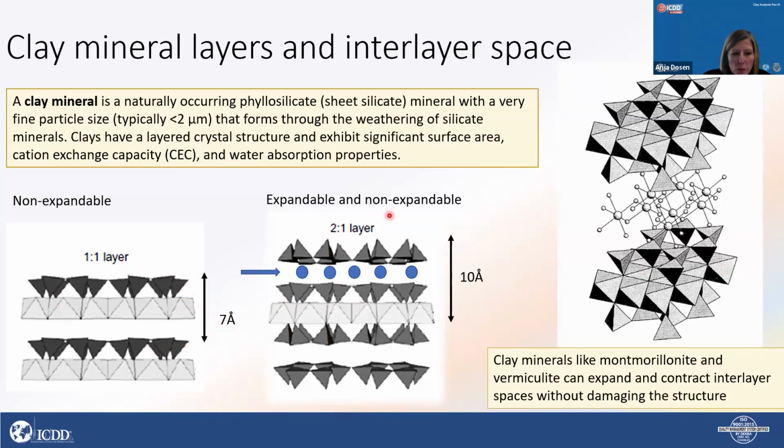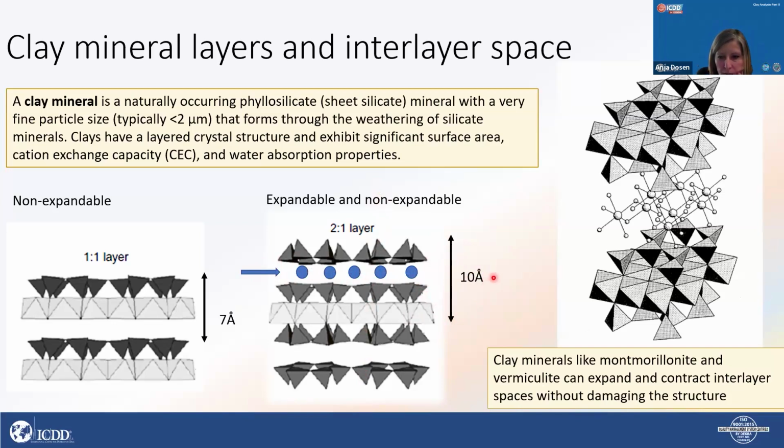And then we have 2-to-1 clays: tetrahedral, octahedral, tetrahedral clays. They're stacked in this fashion. This here represents the interlayer cations. As you can see, this interlayer is a little bit bigger, about 10 angstroms. An example of this clay type is illite.